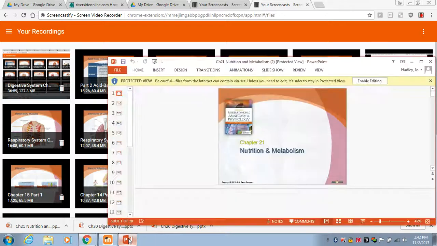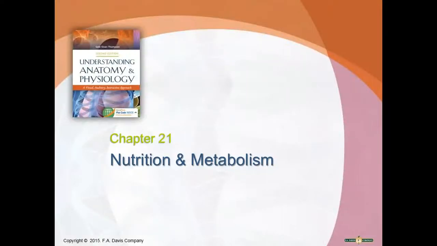We're going to be looking at nutrition and metabolism. We're going to try not to spend a lot of time on nutritional things that you might have learned in your nutrition classes, maybe just some review, but we're going to be talking about the objectives that refer to that, like the process of carbohydrate metabolism.